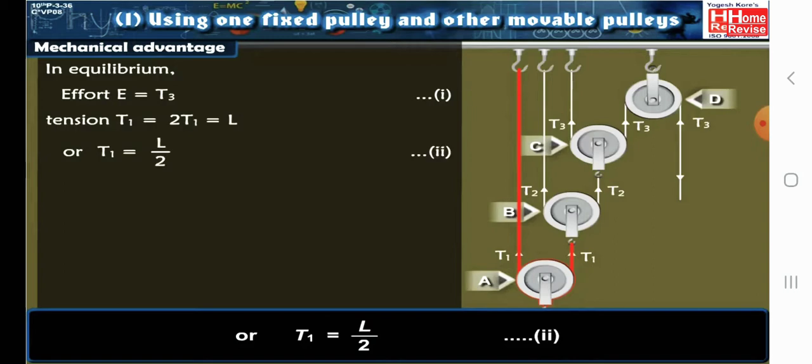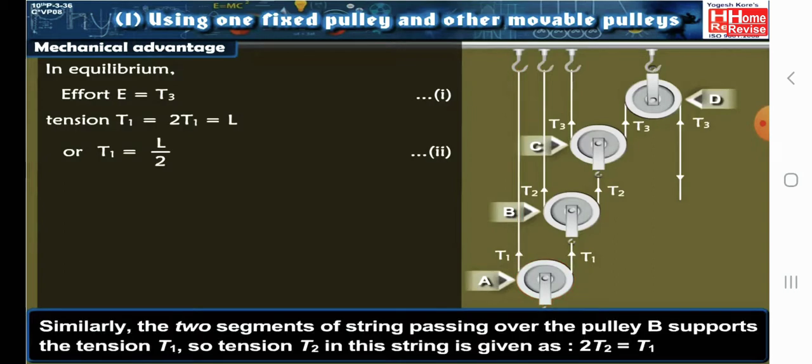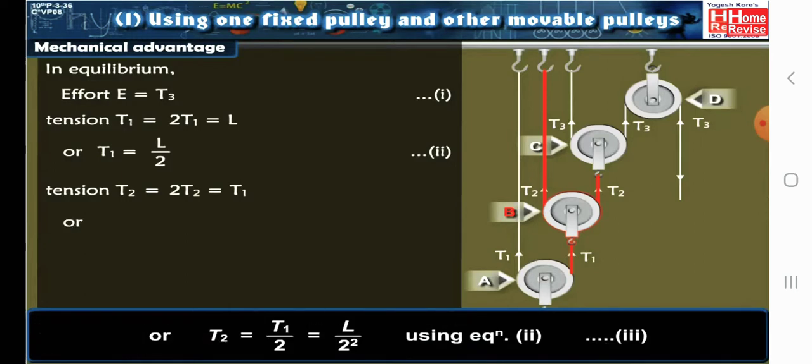Let this be equation second. Similarly, the 2 segments of string passing over the pulley B support the tension T1. So tension T2 in the string is given as 2T2 = T1, or T2 = T1/2, which equals L/2^2, using equation second. Let this be equation third.